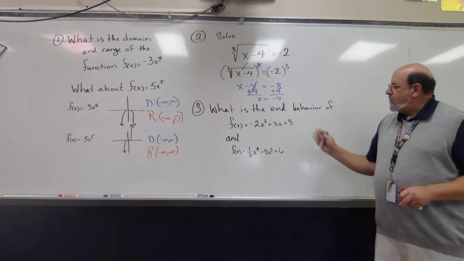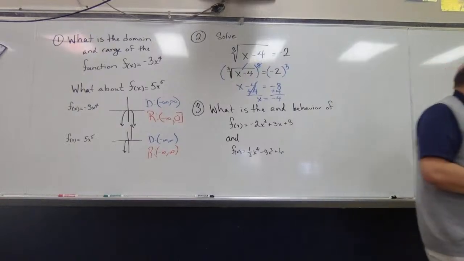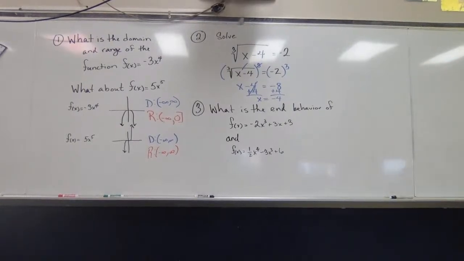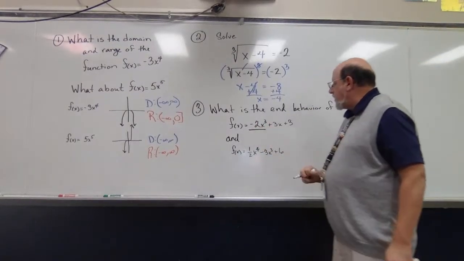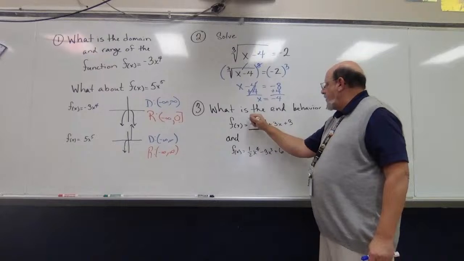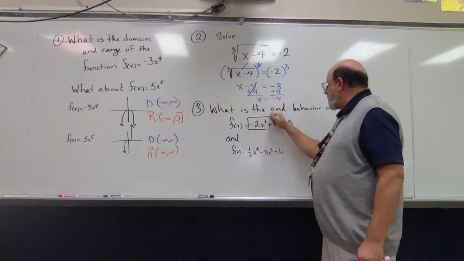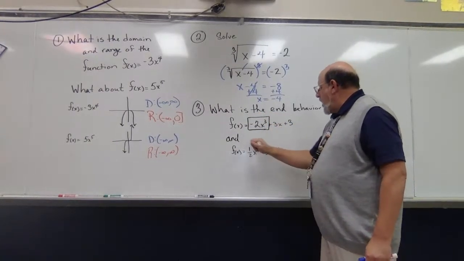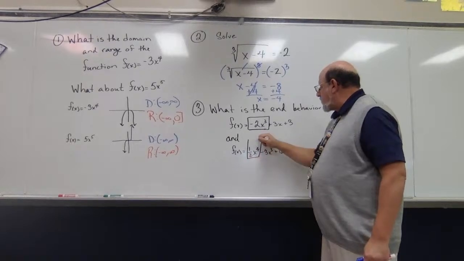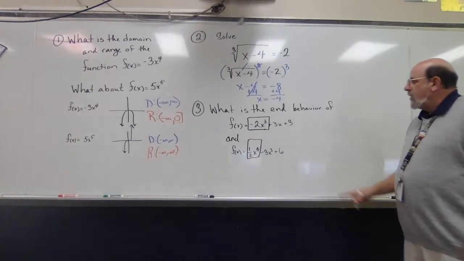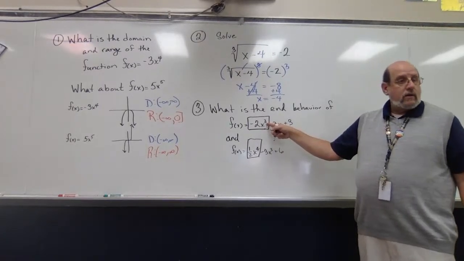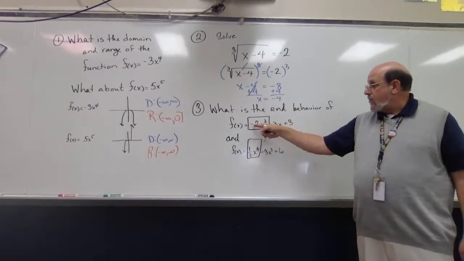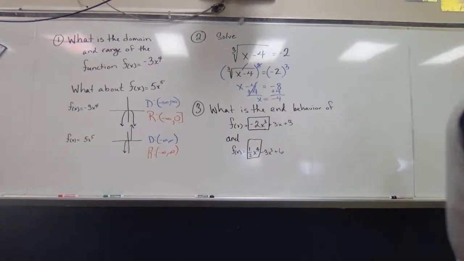What is the end behavior? If we look at the leading term, we know what the end behaviors are going to look like. This one's negative and odd, right? Negative with an odd power.